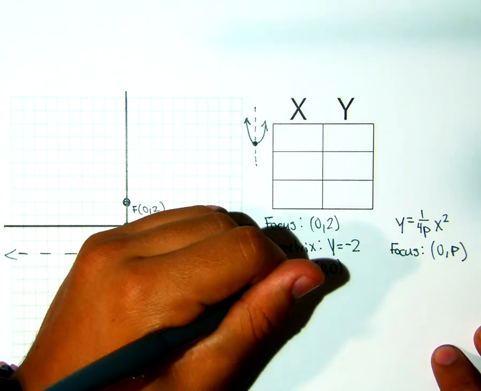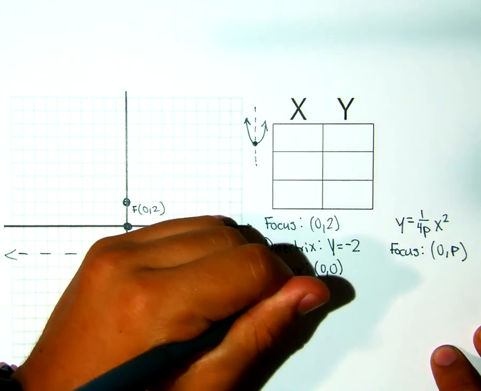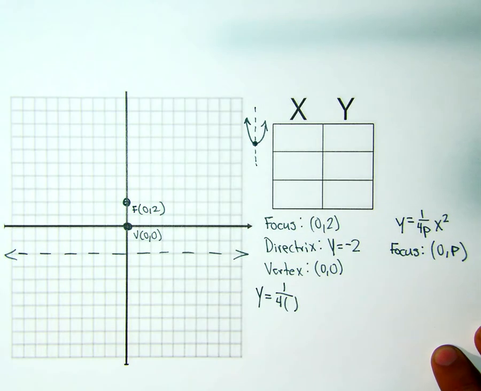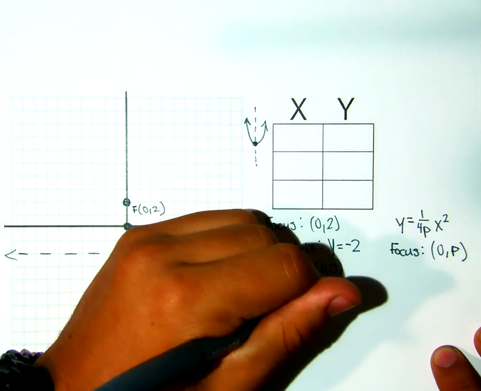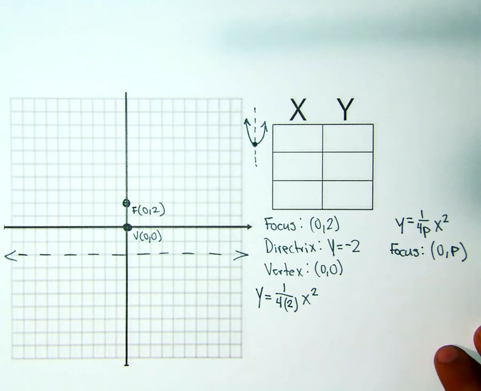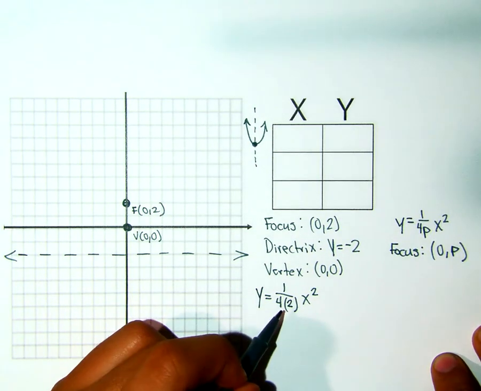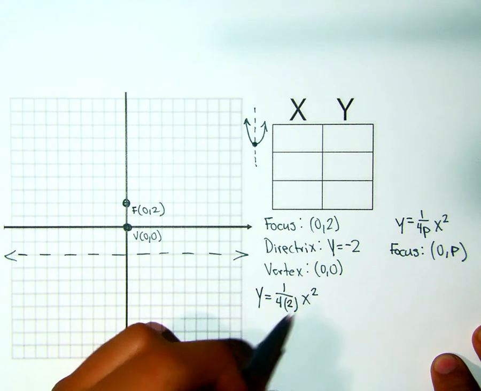So we have 1/4 times the p value. We said the p value was 2, times x squared. So what does this simplify to? What is 4 times 2? 8.